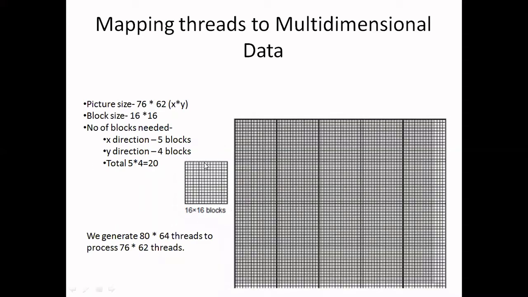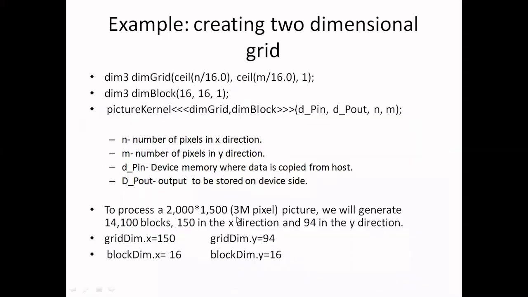So we can have multiple blocks. Here you are specifying the dimension of the grid as the number of blocks we want. You have specified the number of blocks in the x direction, the number of blocks in the y dimension, and you have kept the number of blocks in the z dimension as 1.